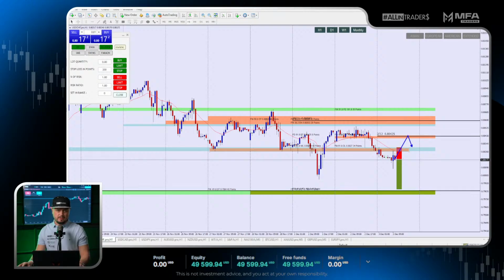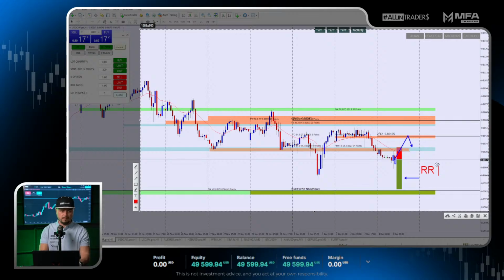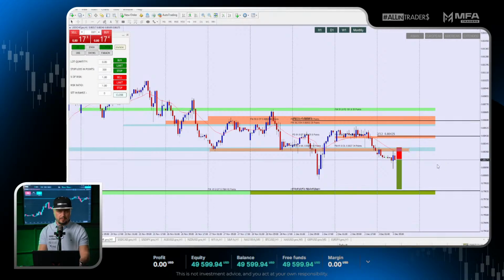So there is a chance for the trade right here for reaction, or if the price will close now bearish, this candle, I will open position, risk to reward 1 to 2. One second. This is second option.